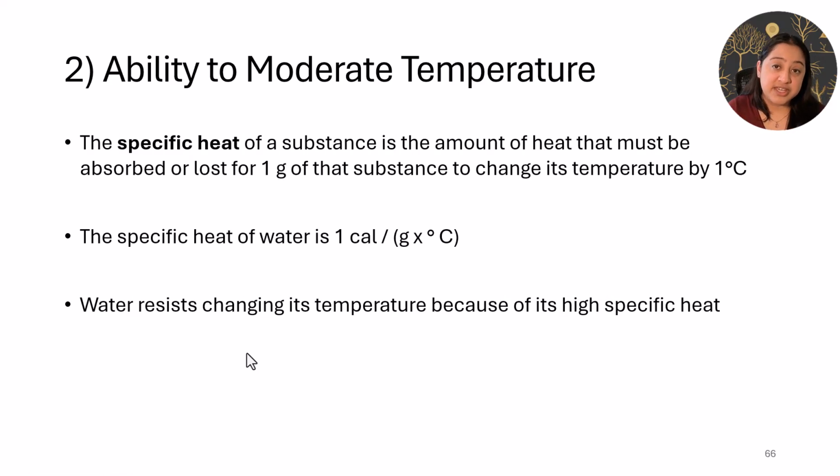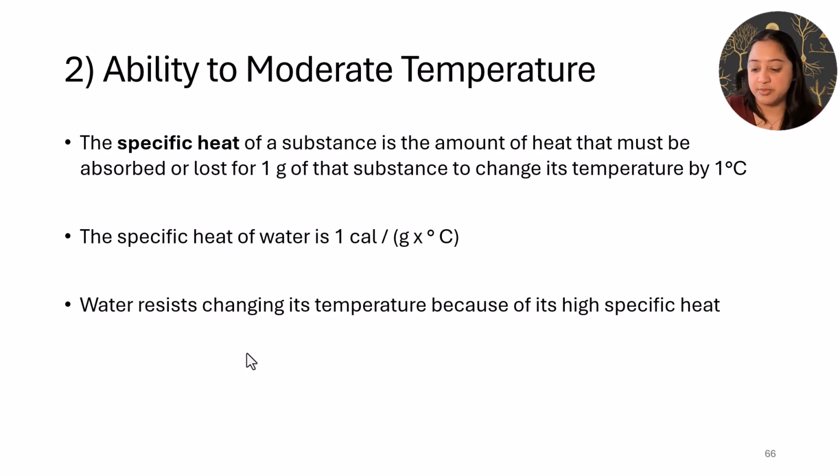So the specific heat of a substance is the amount of heat that must be absorbed or lost for 1 gram of that substance to change its temperature by 1 degree Celsius. So it's kind of like how the calorie is measuring how much heat is required for water, but a specific heat is for anything else.